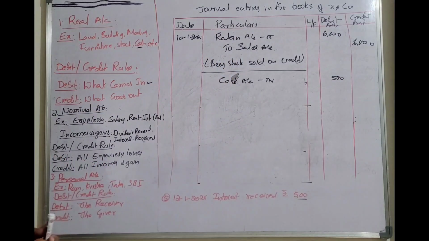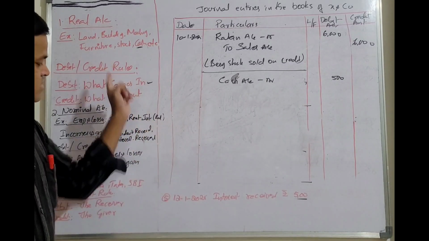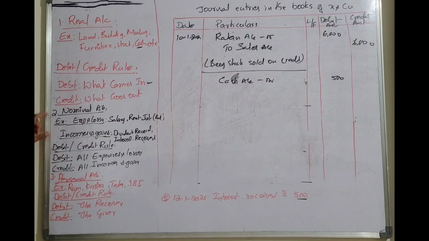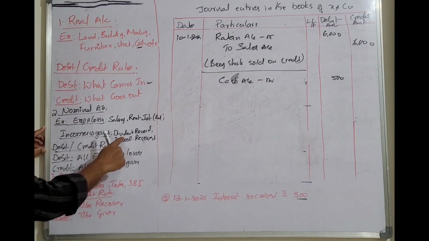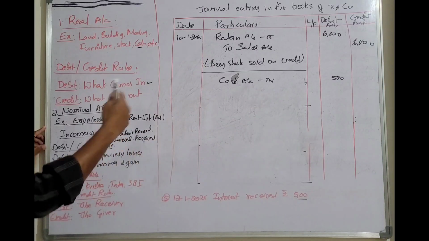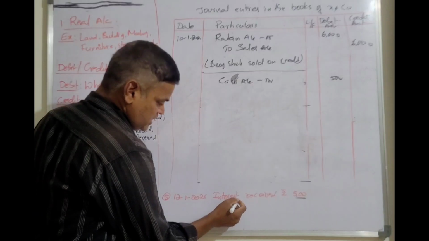Then we have to write credit. If you want to write credit, first of all we have to check according to real account what goes out. Is any asset going out from the business? No. Next, according to nominal account, when we have to write credit, all incomes and gains. We know the examples of incomes and gains: dividend received, interest received, rent received, like that. So here we have an income. The name of the income is interest.